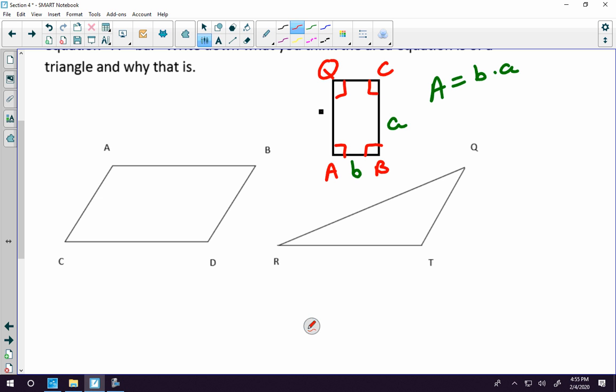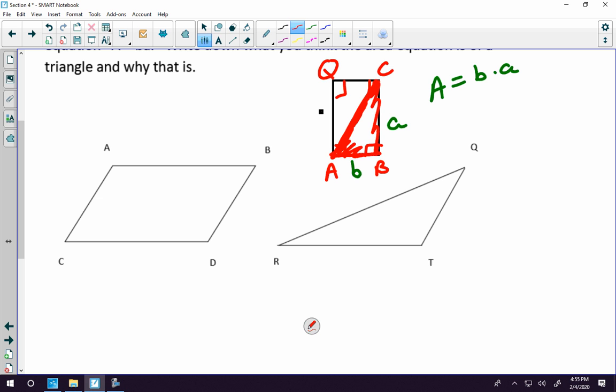Now let's think about this. If I make a diagonal inside of this rectangle, start at any vertex you want and go to the opposite vertex, we'll notice that there are two triangles that fit inside of the rectangle. The formula for the space inside a rectangle is area equals base times altitude, but there are two triangles inside of one rectangle.